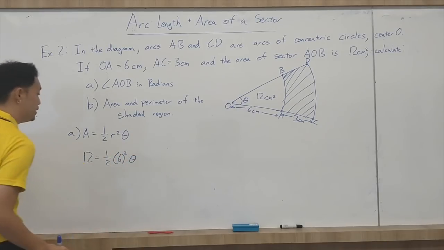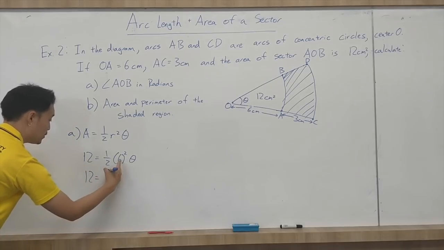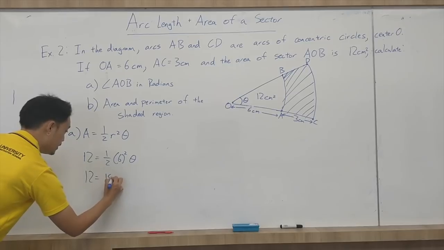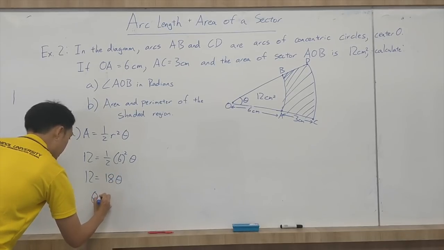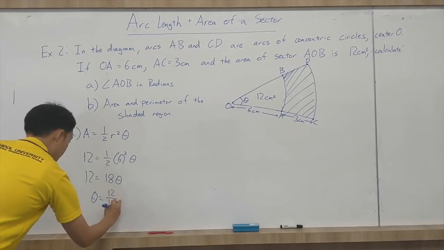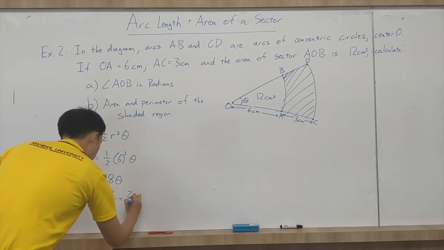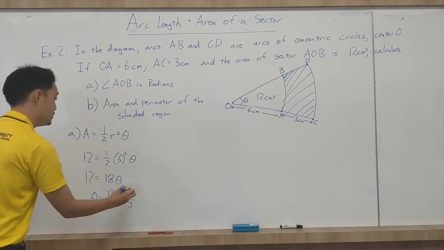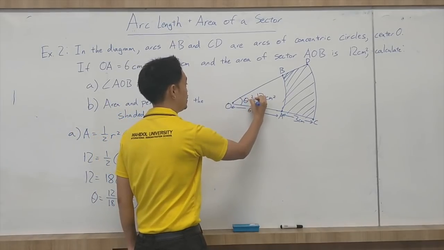And times theta. So, solving for theta, we get 36 divided by 2 is 18 theta. That means theta equals 12 over 18, or 2 over 3. And there's our first part. Our theta equals 2 over 3.